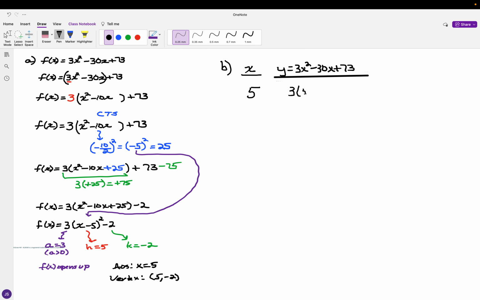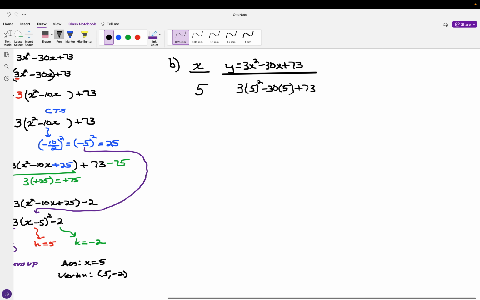So you have 3 times 5 squared minus 30 times 5 plus 73, and I'm going to sort of cluster all this together. 5 squared is 25 times 3 is going to be 75, and we have minus 30 times 5, so we have minus 150 plus 73, and that's going to return to -2.